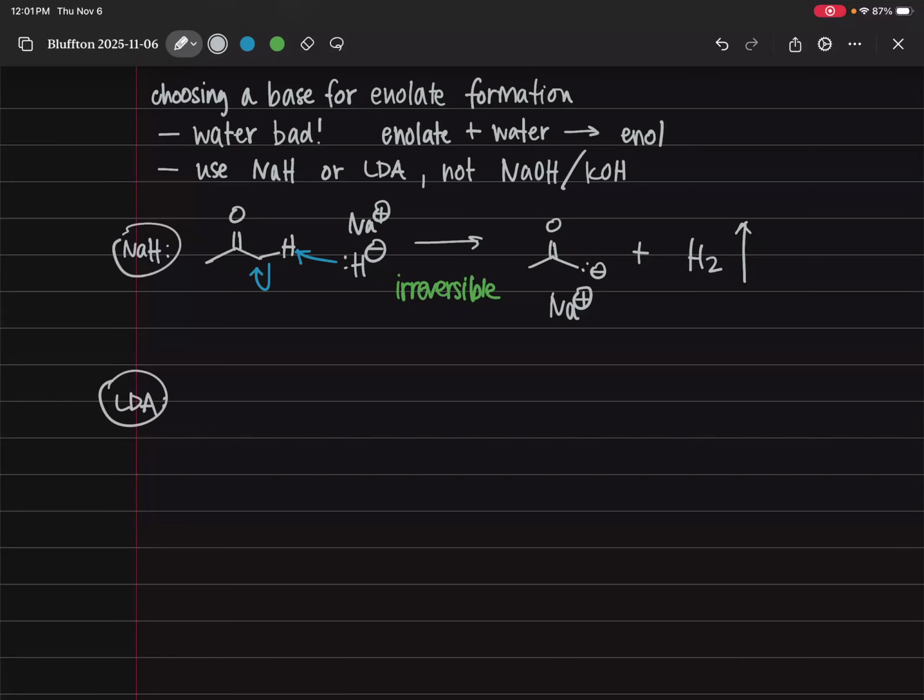Okay, let's look at LDA, this mysterious compound that I have not told you about. So it's going to start the same way. We have, in this case, our acetone.